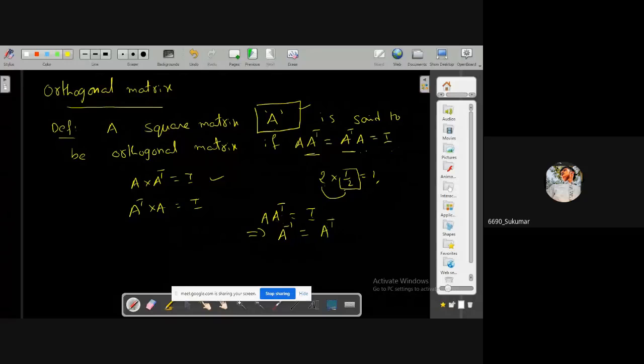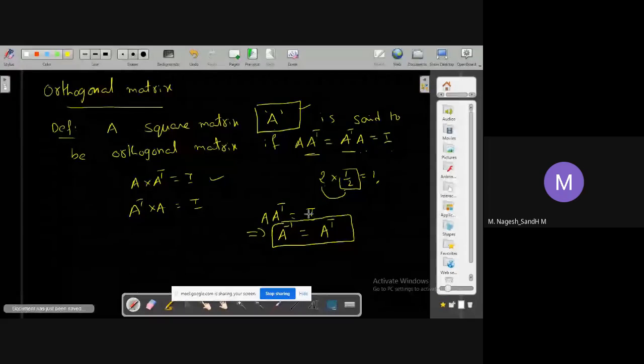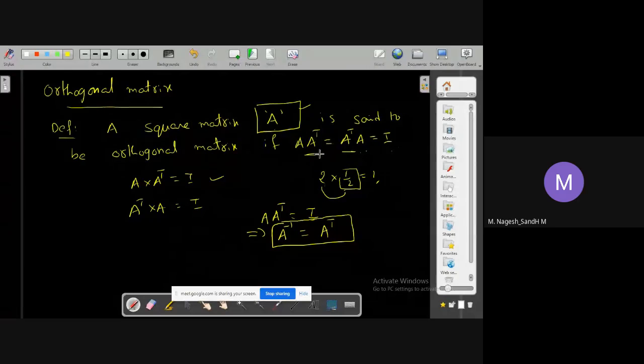So listen here. After this, we can extend our thought. What is the orthogonal definition? A into A transpose equal to identity. Now onwards, you can say when A inverse equal to A transpose, then also A is an orthogonal matrix. This is the basic definition, A transpose equal to identity, A is an orthogonal matrix. Not only that, if A inverse equal to A transpose, then also A is an orthogonal matrix.